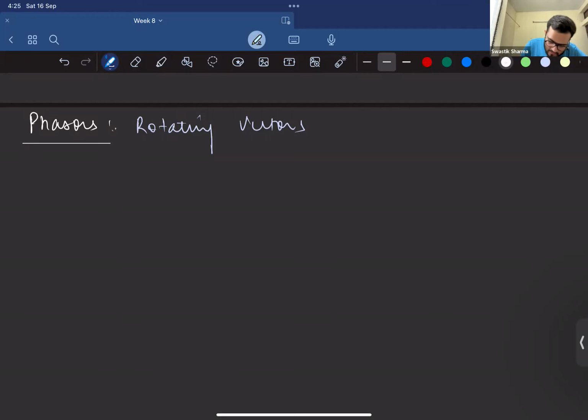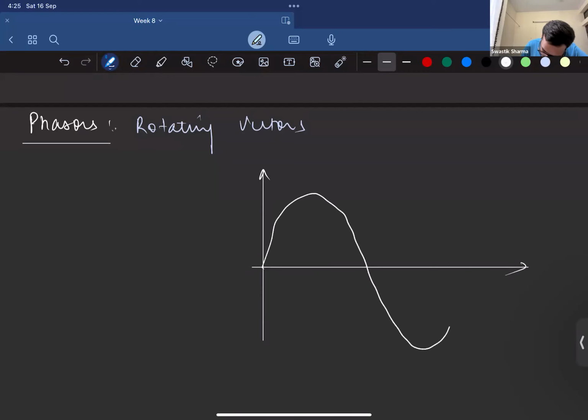So let's say that there is this sinusoidal waveform we were just discussing. I'm not drawing it to scale.